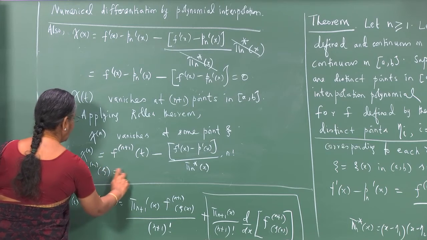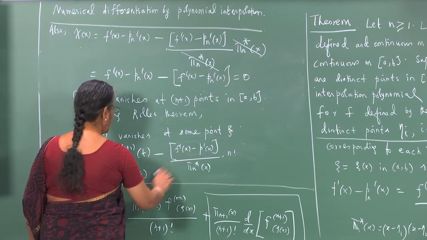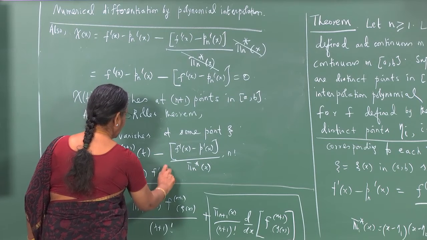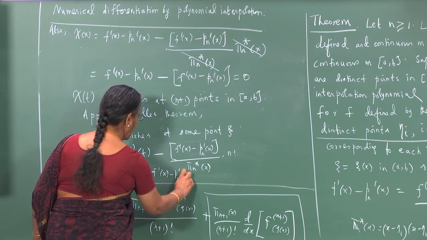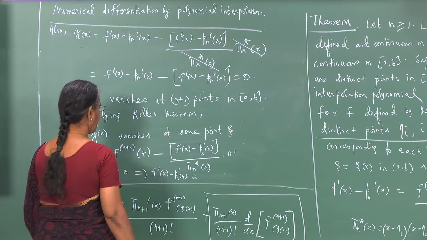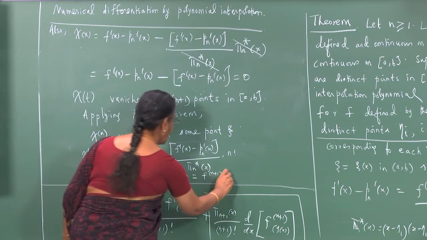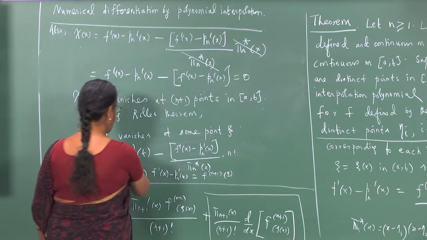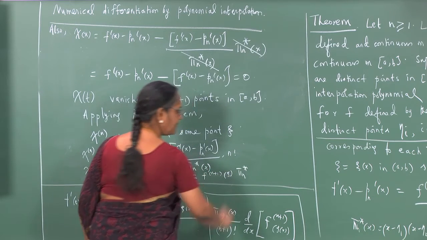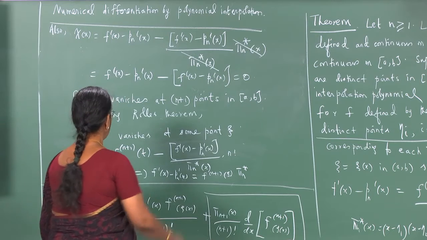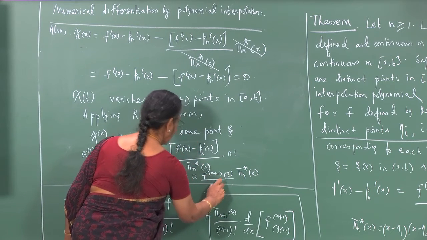So, the nth derivative equal to 0 will immediately give us the expression that f dashed of x minus p n dashed of x is equal to the n plus 1th derivative evaluated at psi multiplied by pi n star at x divided by n factorial.